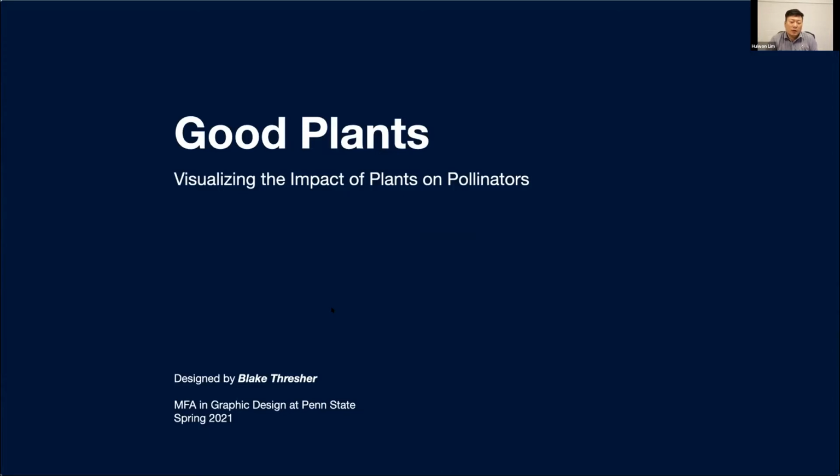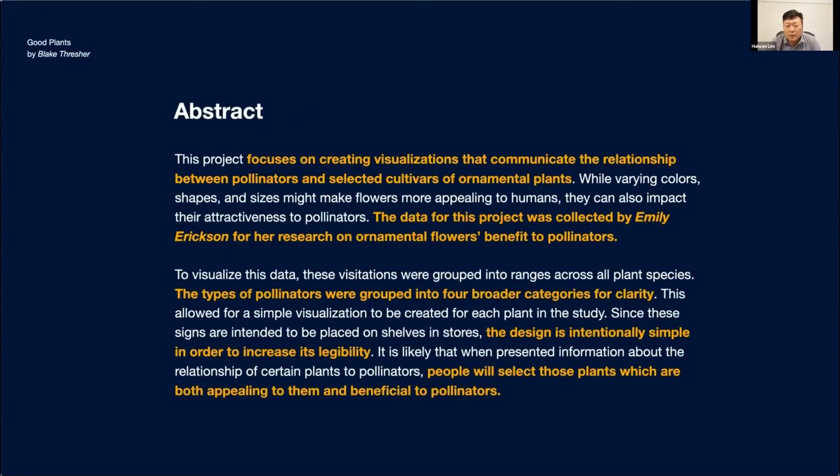So the first project I want to share is the title is Good Plant. So visualizing the impact of plants on pollinators, designed by Blake. He has some kind of abstract about the project. So he focused on creating the visualization that communicate the relationship between the pollinators and selected cultivars of the plants.